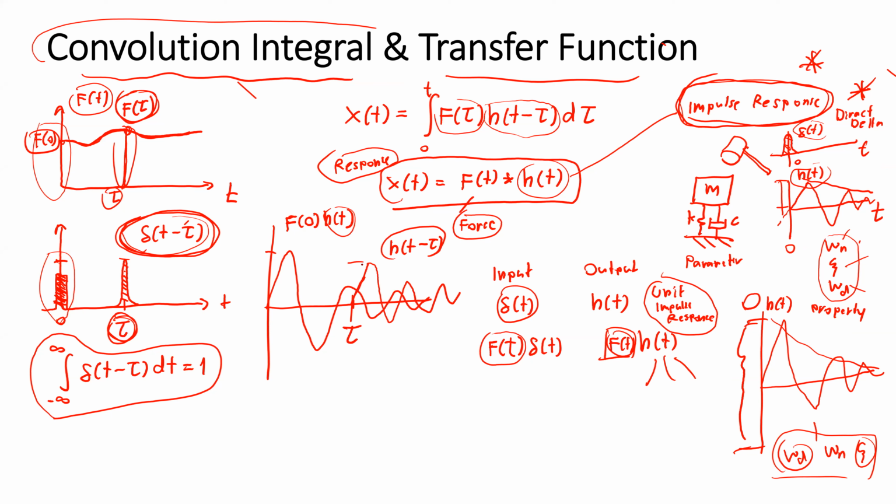How about the magnitude of the impulse response? The magnitude of the impulse response is going to be the magnitude of the force at that point of time. So each individual impulse is going to create one impulse response multiplied by a magnitude that depends on the size of the force at that point of time.